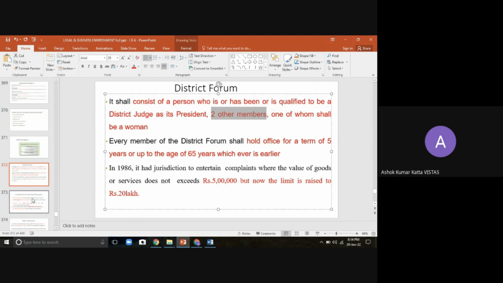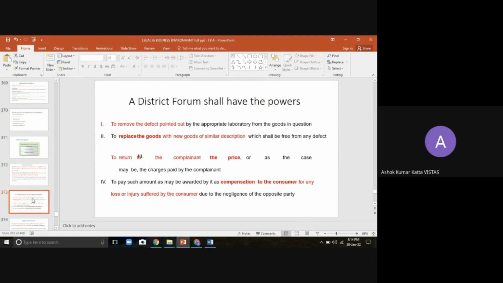And then next one, state level. Okay, there was one more slide which talks about the powers of the district level forum. The district judges may recommend to the company, and if the company is not following these modifications, they will view the matter very seriously. First, they may ask the company to remove the defects of the particular product.